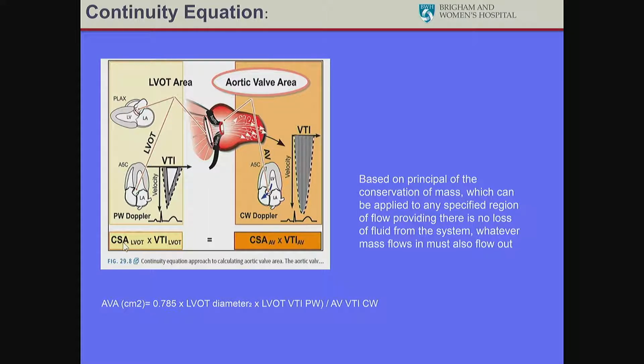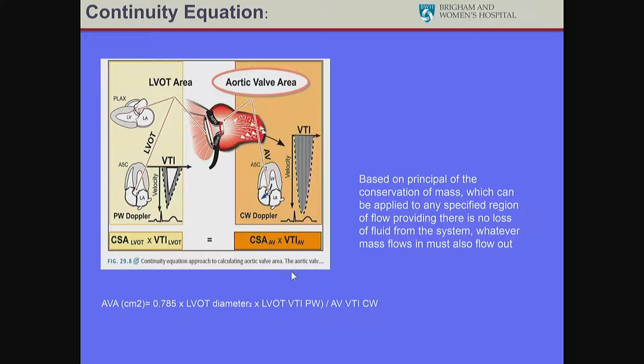And so the cross-sectional area of the LV outflow tract times the flow velocity integral of the LV outflow tract is equal to the cross-sectional area of the aortic valve times the flow velocity integral of the aortic valve measured by continuous wave Doppler.